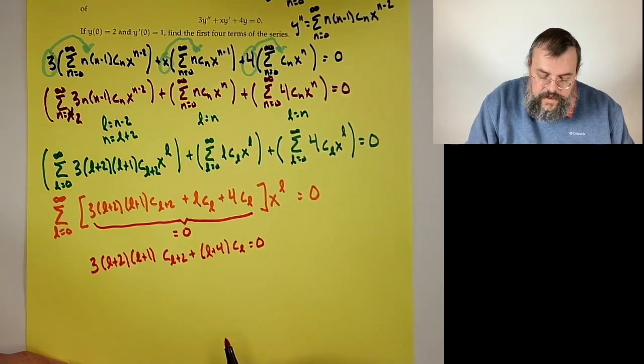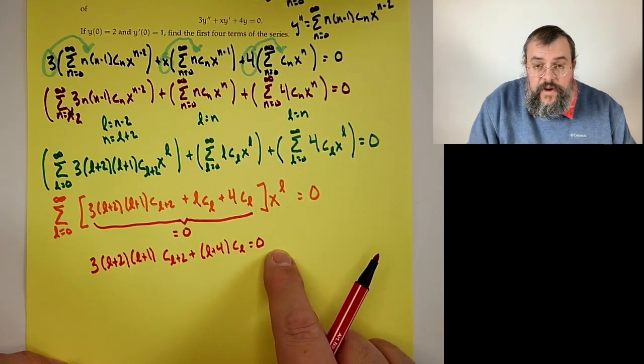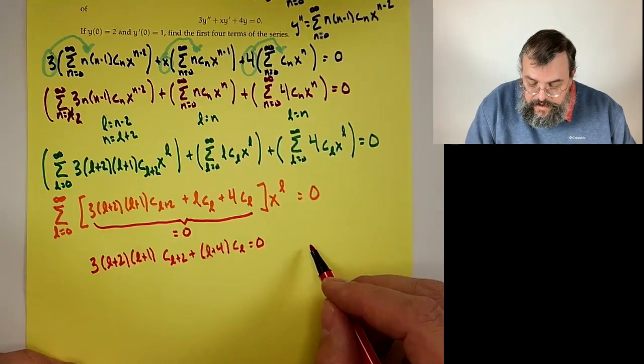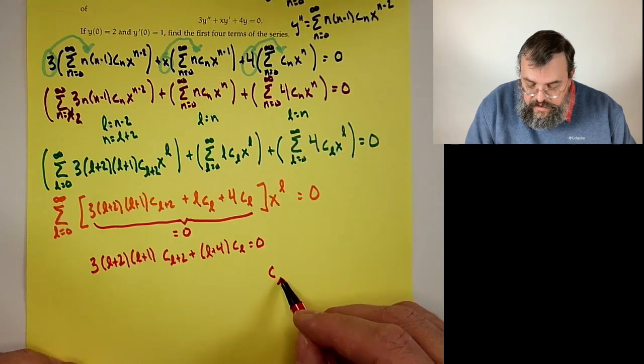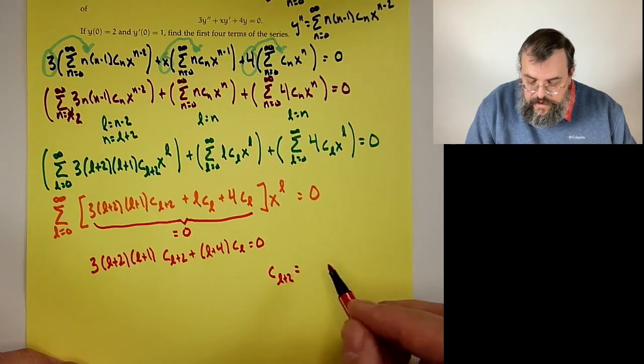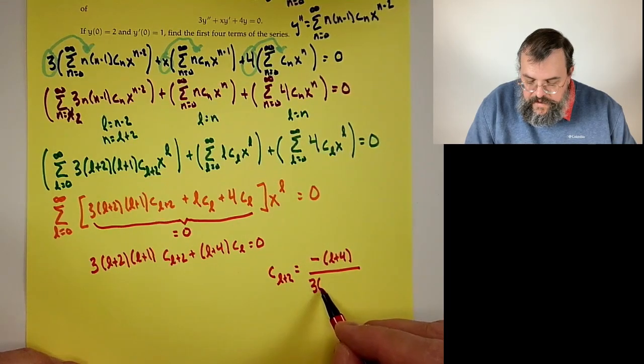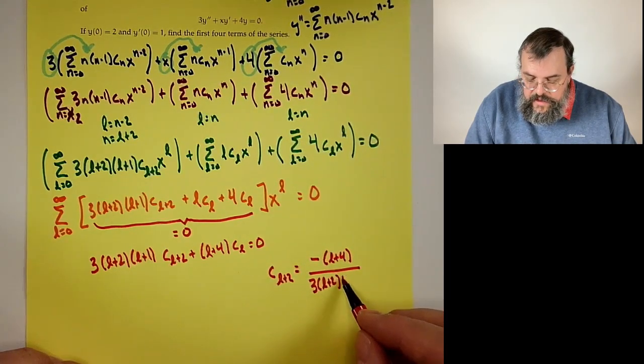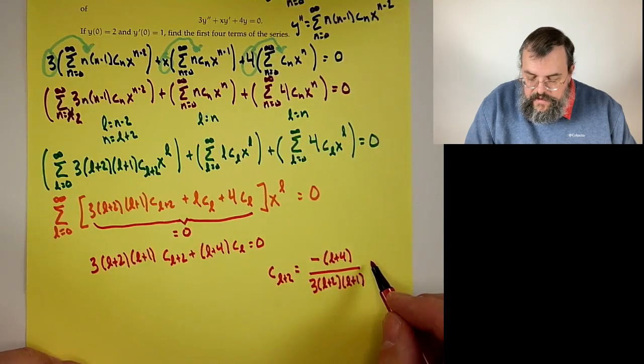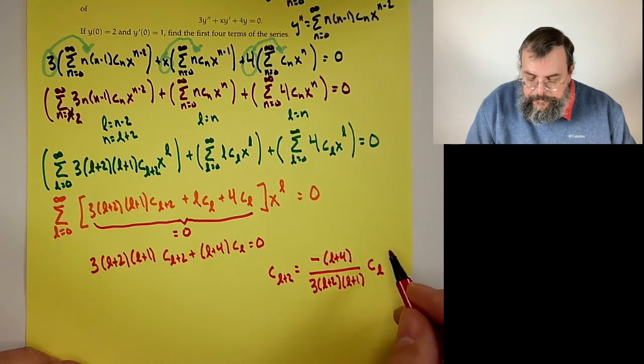And, all right, well, move this across, divide, and we come up with the following. C sub L plus 2 is equal to minus L plus 4, divided by 3 times L plus 2 times L plus 1, times C sub L.